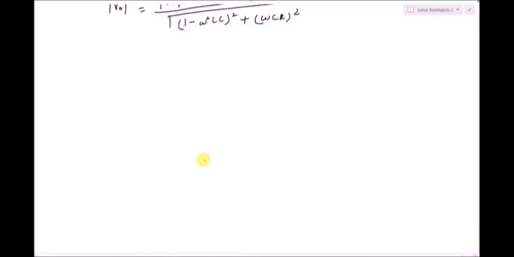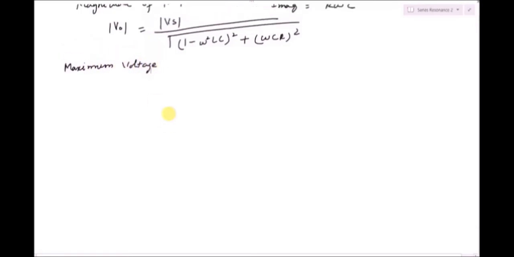Now what I want to find is the maximum voltage value, right? So if I have to find the maximum voltage, I will apply the maximum value theorem.